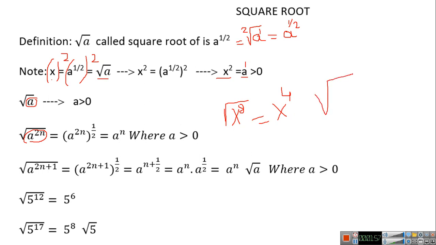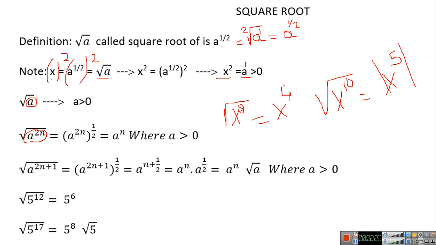If you have, for example, x power 10, you write it as x power 10 over 2, which is 5. But since the square root can never be negative, I cannot keep it like this, because x can be positive or negative. So we put absolute value to say that this must always be positive.